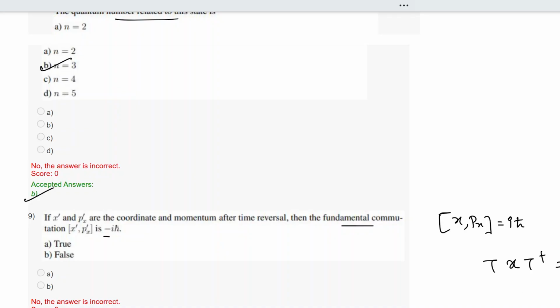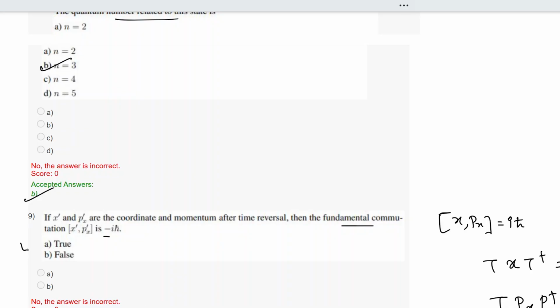So under time reversal, no change of position happens, so x prime is equal to x. But under time reversal, the momentum changes its sign, so px prime is actually minus px. So x prime, px prime is equal to x, minus px. So this is the minus of x px, which is minus i h cut.